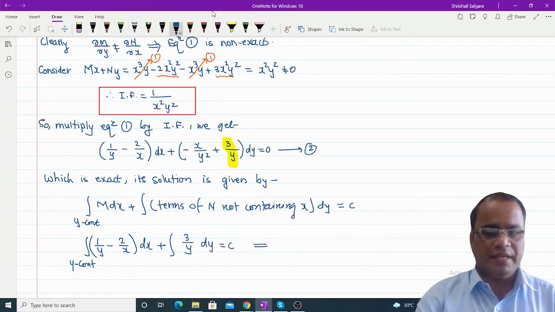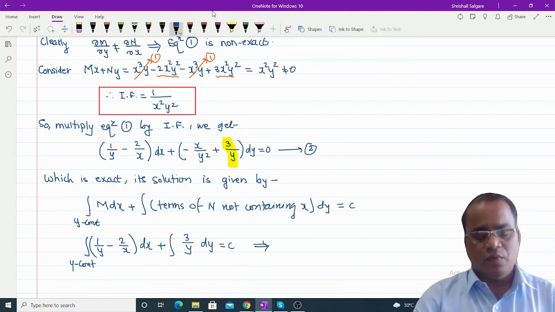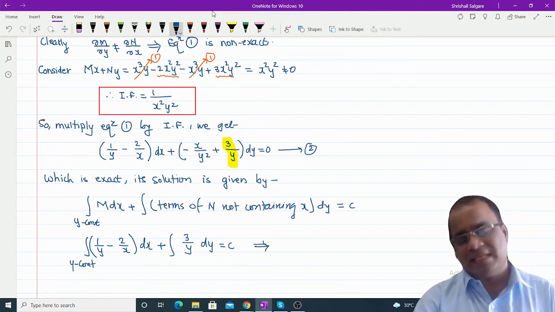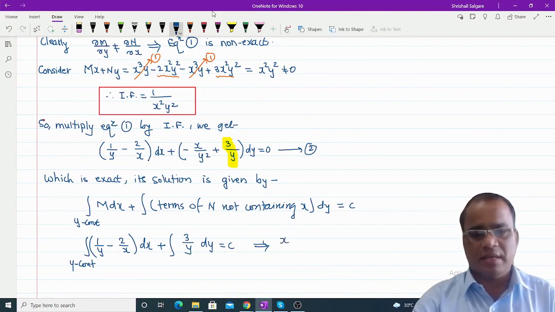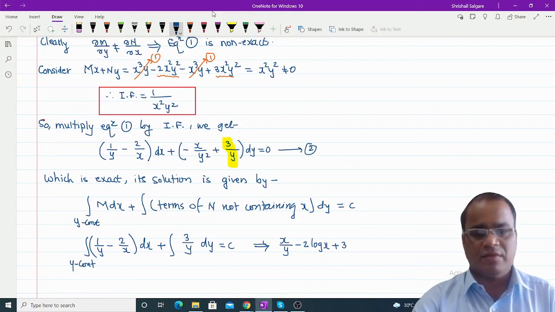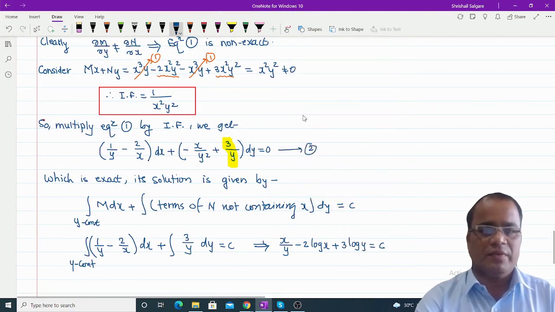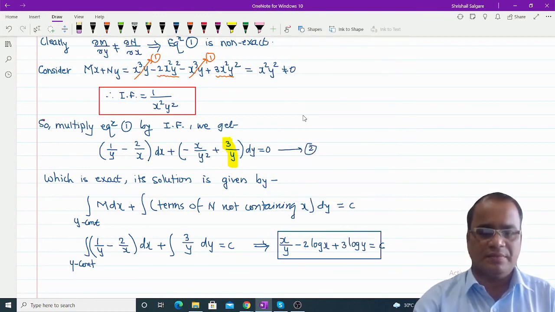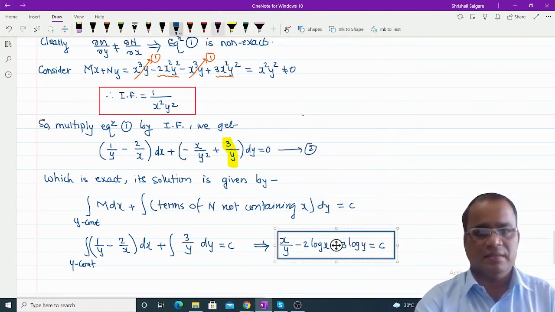If you integrate term by term with respect to x, y is constant, so 1 upon y is also constant, so that can be written as x upon y. Minus 2 is constant, integration of 1 upon x is log x, plus 3 is constant, integration of 1 upon y with respect to y is log y, equal to c. So here we will consider this as the final answer.